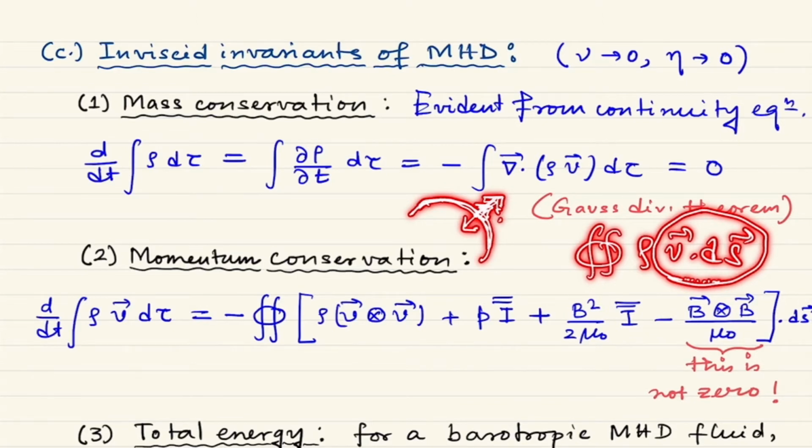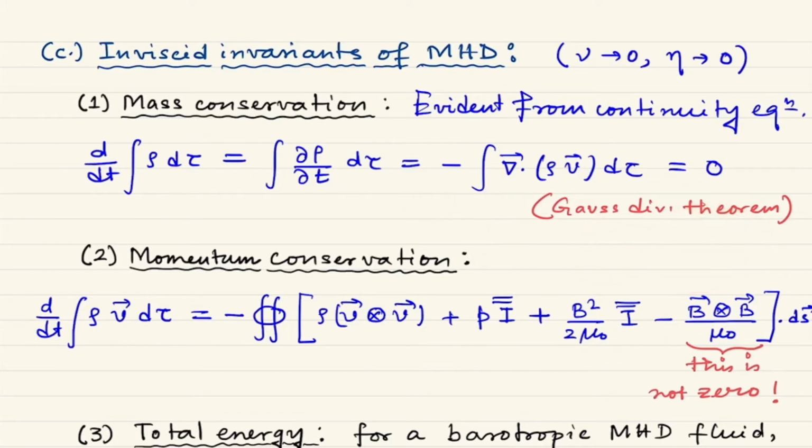So then this is no longer a boundary surface. In order that this is a boundary surface, v dot ds simply should be 0. So we just use that and finally this is equal to 0. So d/dt of the integration of rho d tau is equal to 0 and mass is conserved.